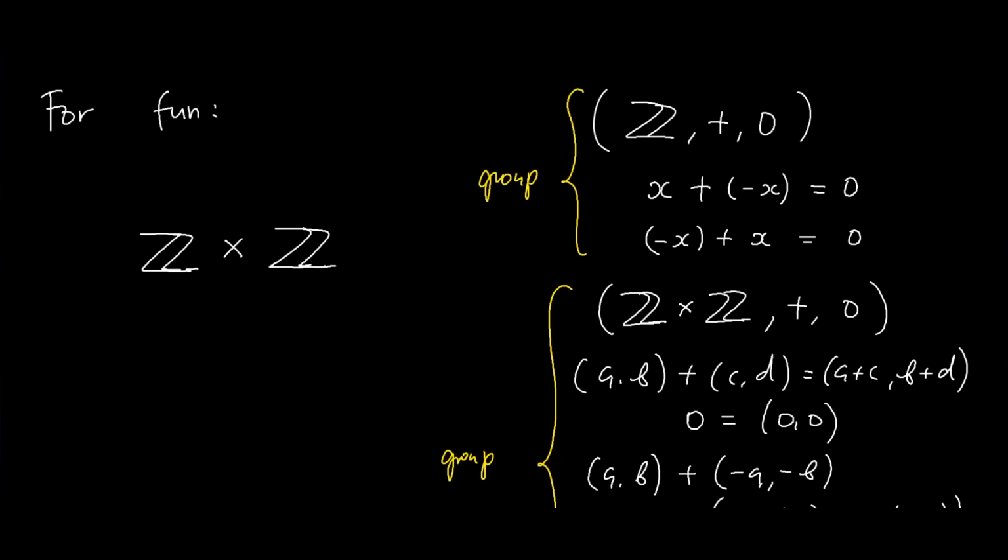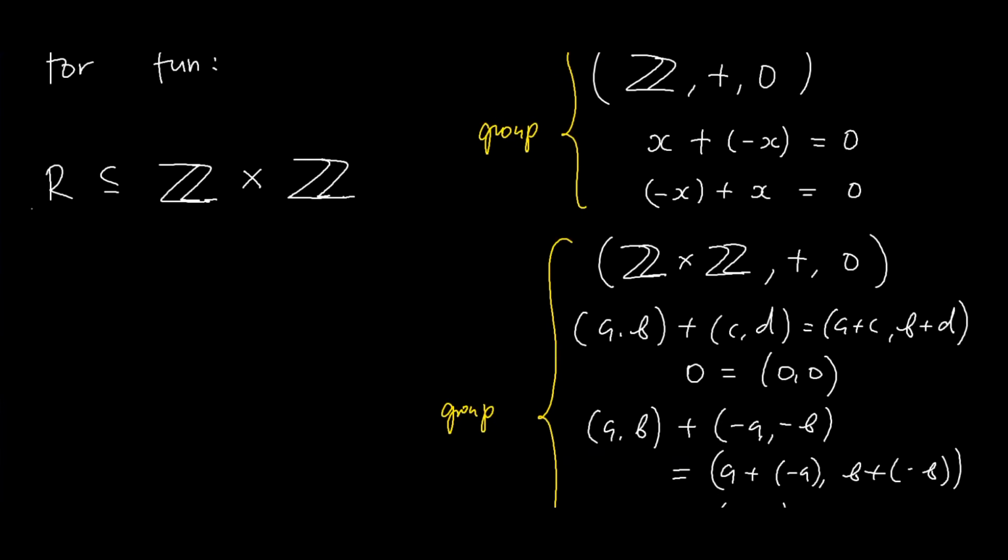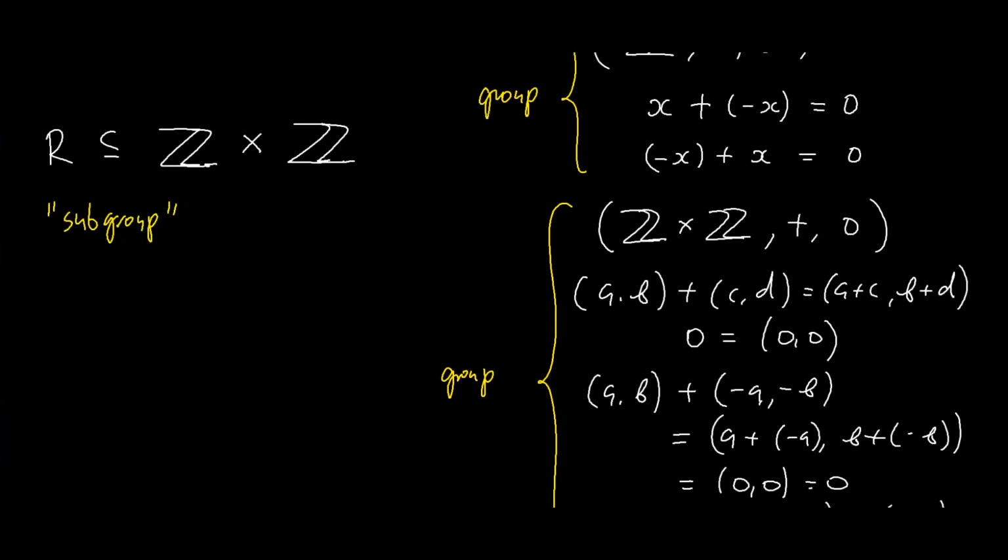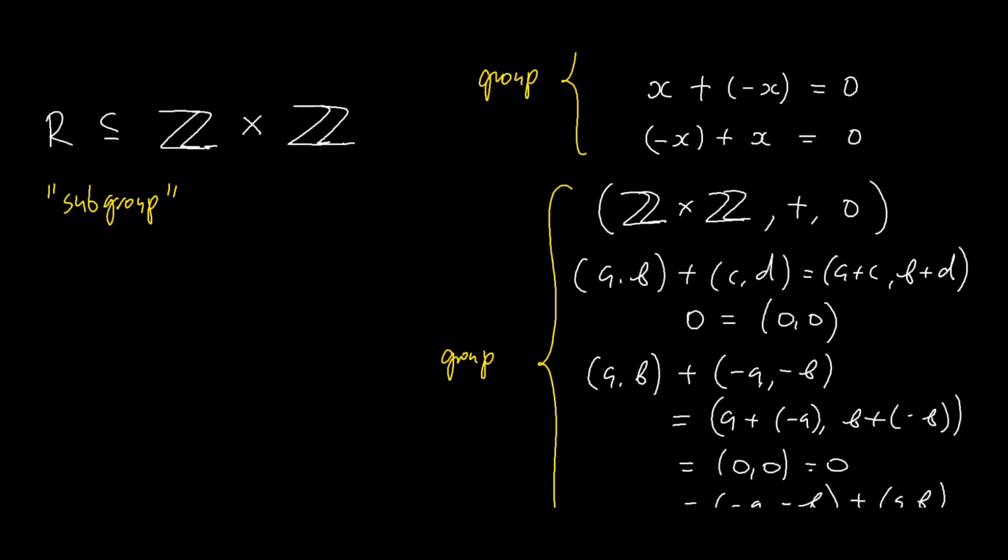And now let's take a relation on Z, which happens to be, in addition to just being a subset of Z cross Z, because that's what a relation is, it's a subset of the Cartesian product, let's require that this R is a subgroup. What does that mean? It means that it's closed under the operations.